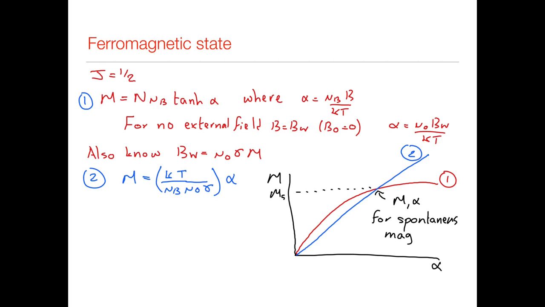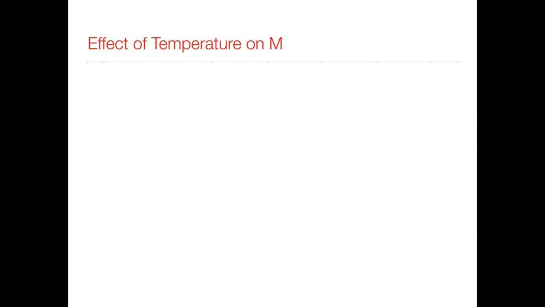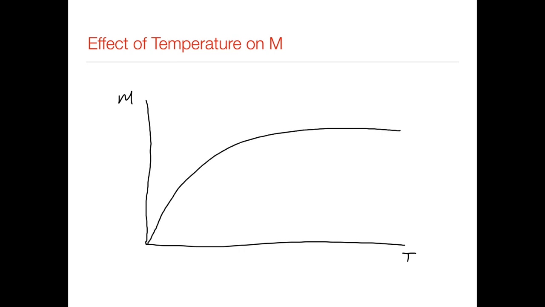Let's look at the effect of temperature. I need to draw a set of axes again, and try to draw them fairly big. So this is M and this is alpha. I had my equation 1, which is my hyperbolic tan, doing something like this. Let's pick a few different temperatures.